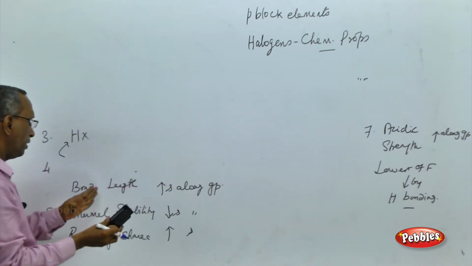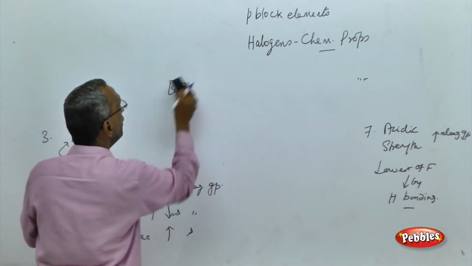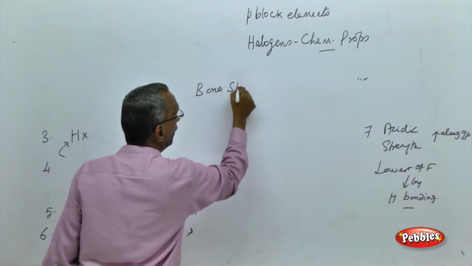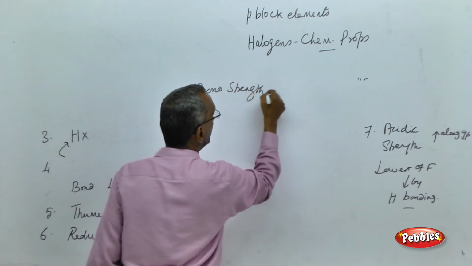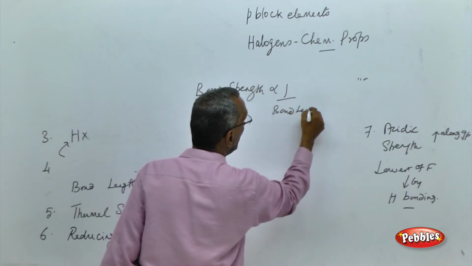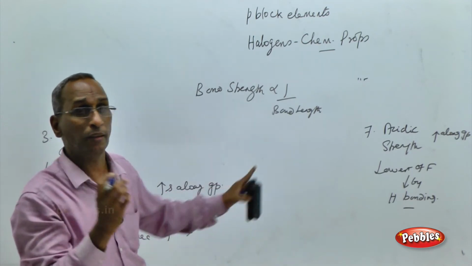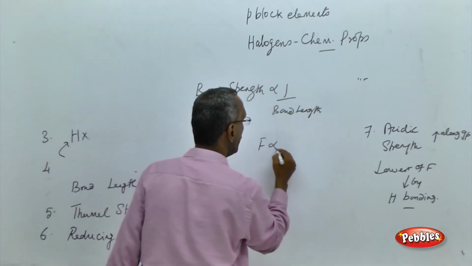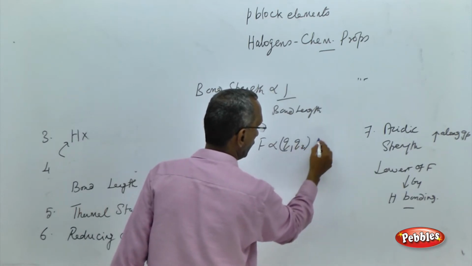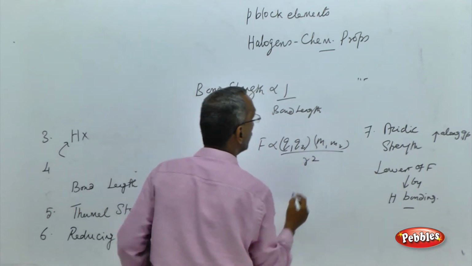Note that bond strength is inversely proportional to bond length. Lower bond length means high bond strength. Higher bond length means low bond strength, because we know that force is directly proportional to the product of charges or masses, but inversely proportional to the square of the distance.